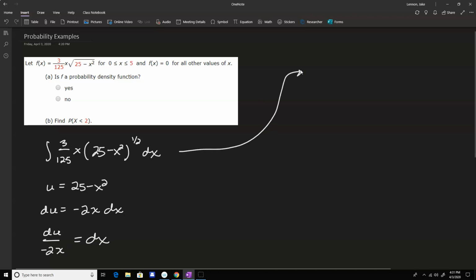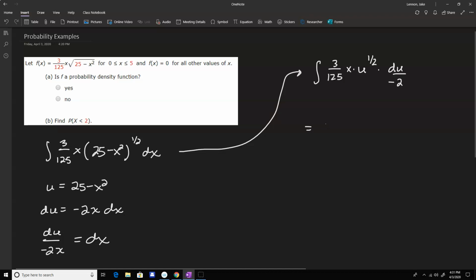So this integral, we can write it as the integral of 3 over 125 x times u to the 1/2 power, and then we are replacing the dx by du over minus 2x.